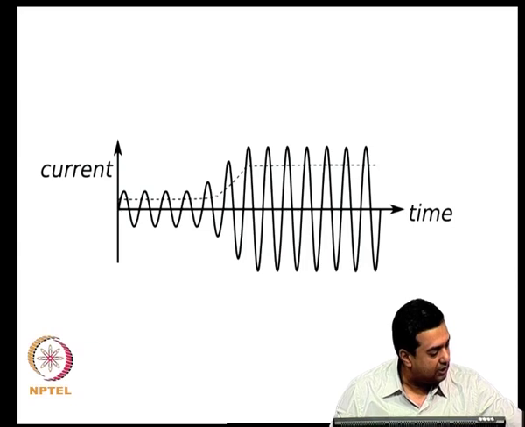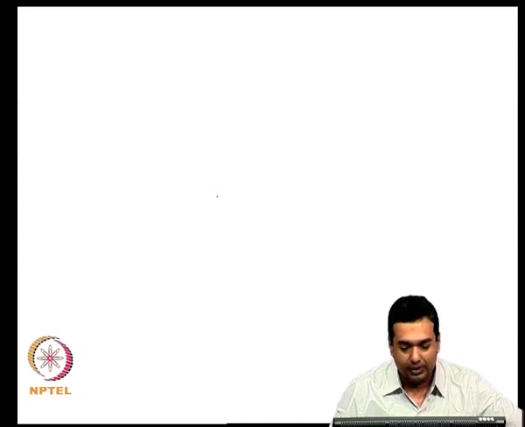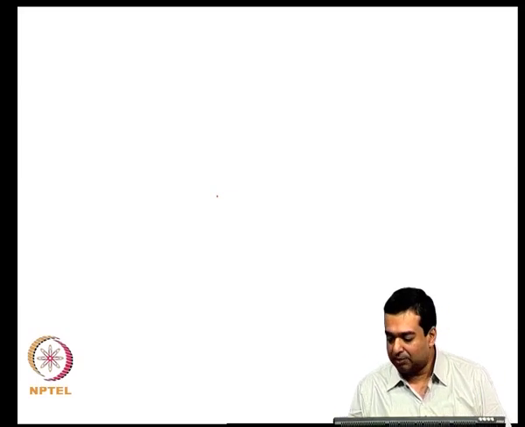So, another model that we would then look at is what would be the appropriate model for power converters in DG applications.